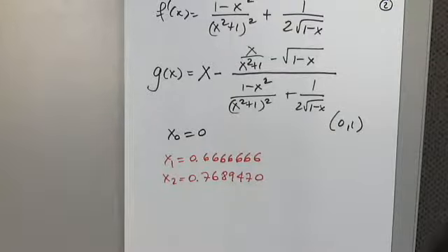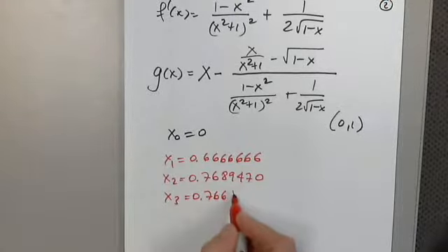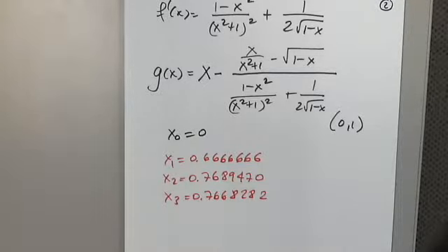And from this moment on, I just repeat. Is this okay? Yeah. Okay, this is X3. 0.7668282. And I have now 1, 2, 3, 4, 5.